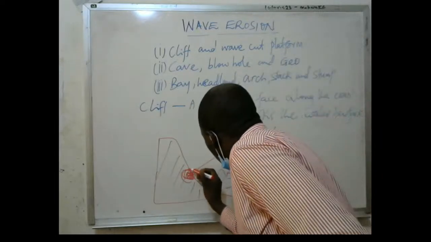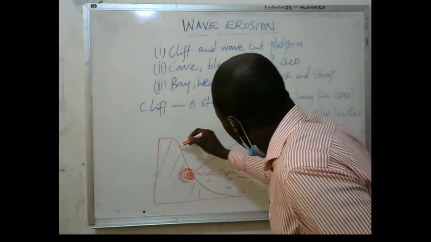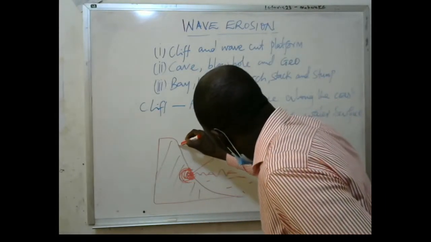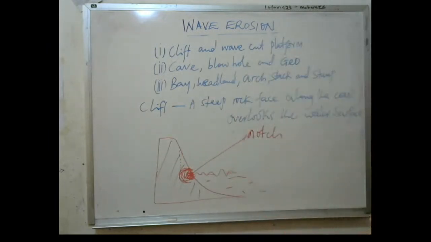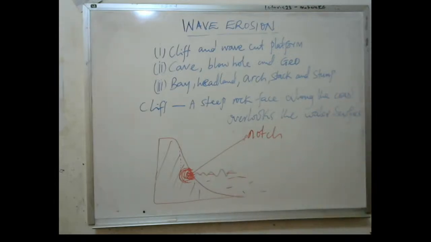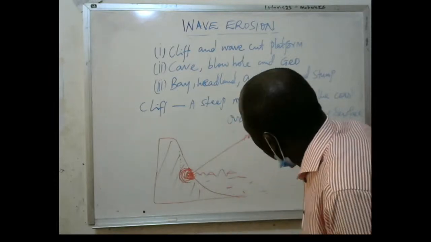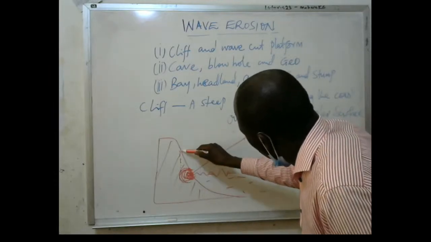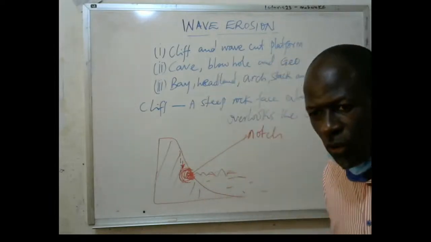As this notch extends into the coast, this block, this rock above, will be hanging with no support below, because there is an opening below. There is just open space down here. So this rock may eventually become too heavy to rest at this point, and this part here may collapse.